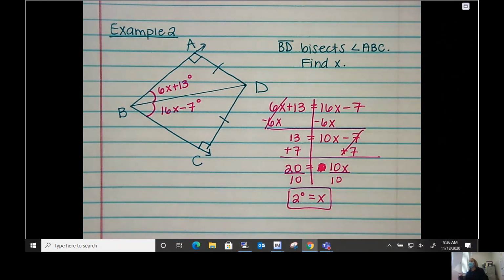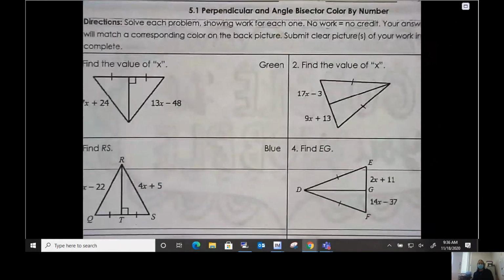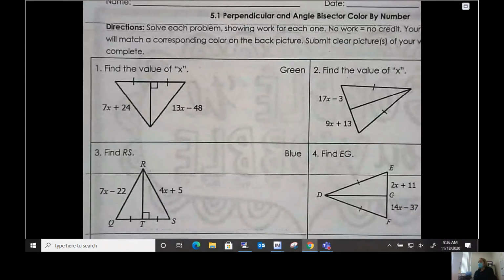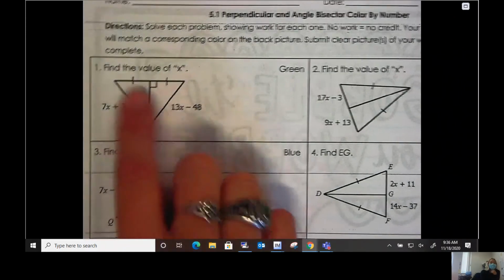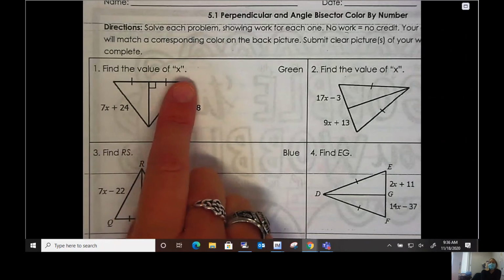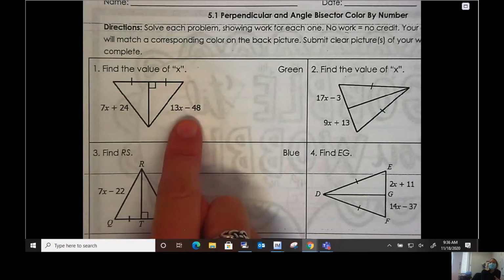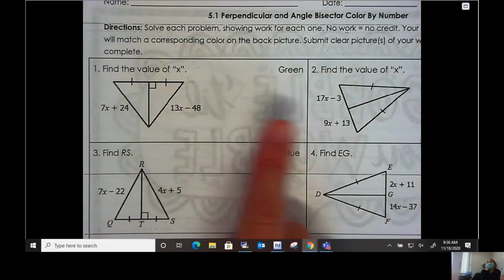So as you go through each problem, here's what's going to happen. It is a chicken, and it's actually a turkey because it's Thanksgiving. So you're going to find the value of x for each one, and then you're going to find your answer on the back and color it whatever color it's given to you. So if you do number 1, you find the value of x, you set your equations equal, you get, let's say, x equals 10.